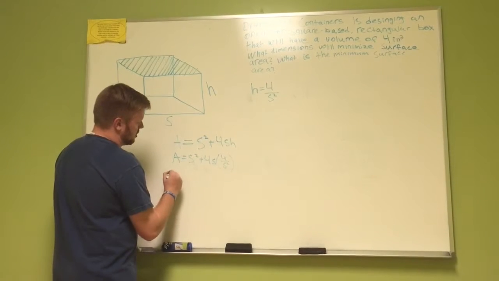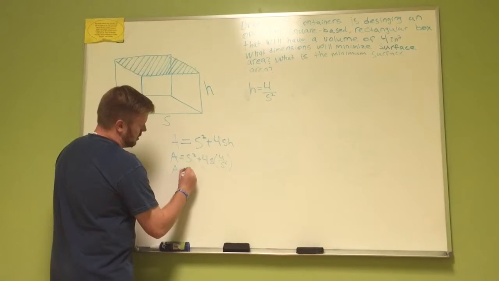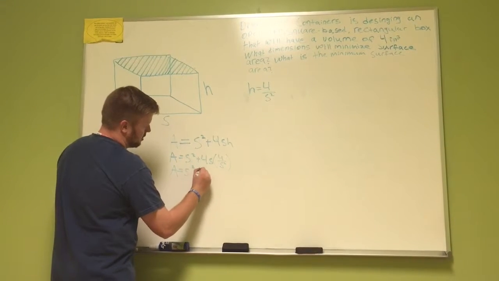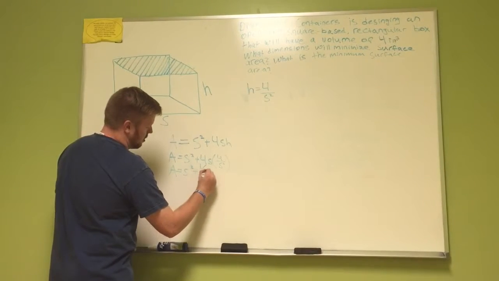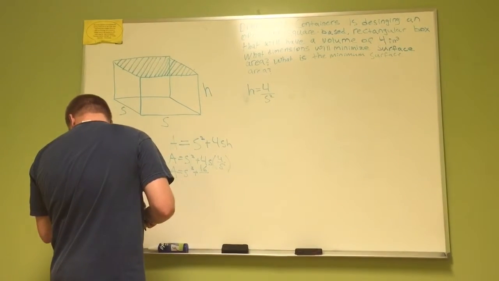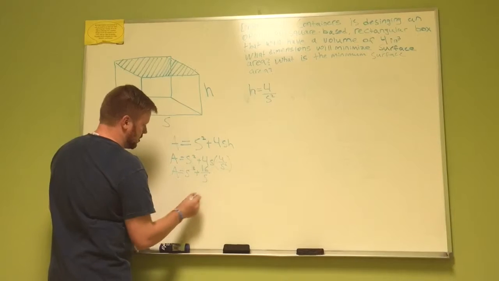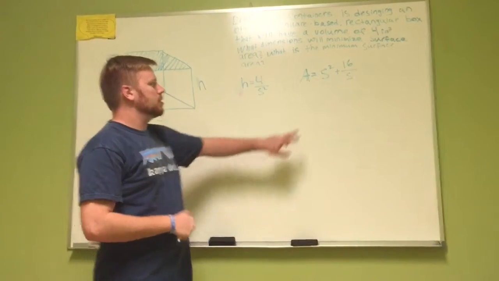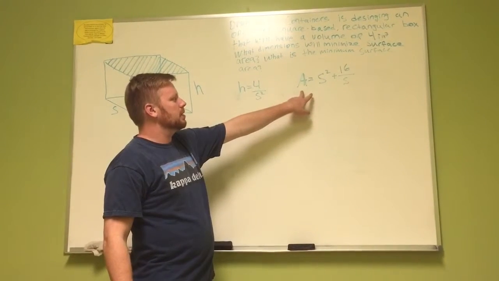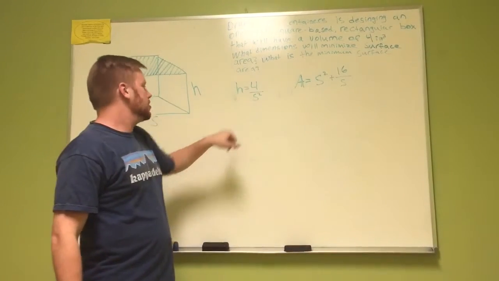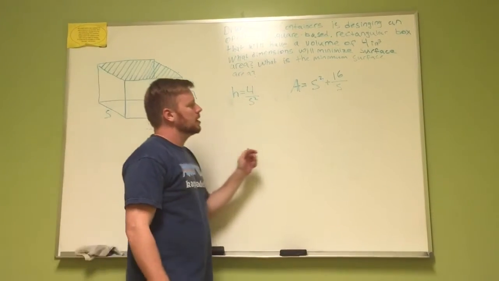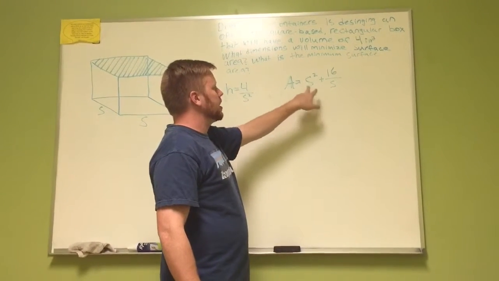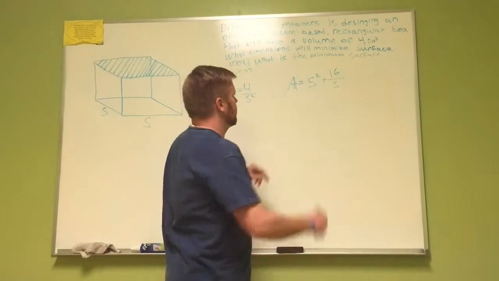With a little algebra to simplify this, we get S squared plus 16 over S. That's what we get after plugging H into the area equation. Next, we take the derivative of this area equation.